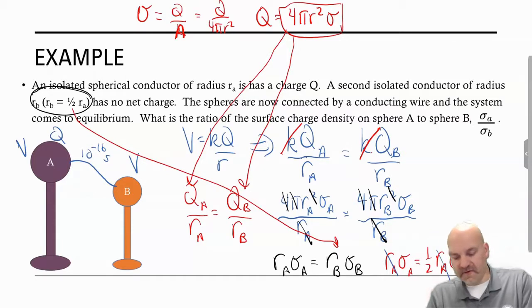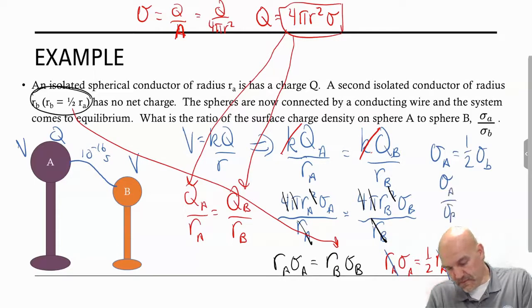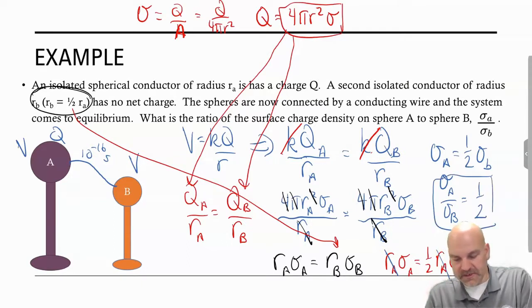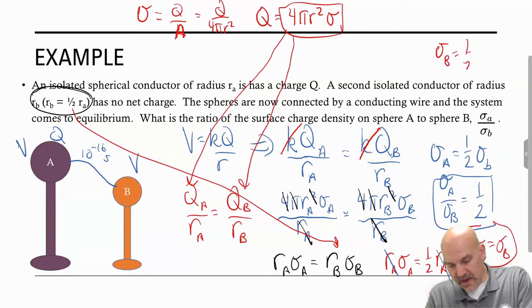The RA's now cancel out, and we say sigma A is equal to 1/2 sigma B, which then if I solve it for the ratio, sigma A over sigma B is going to equal 1 over 2. Right? Or you can write it as a relationship here, say that 2 sigma A equals sigma B. You can say sigma A is 1/2 sigma B.